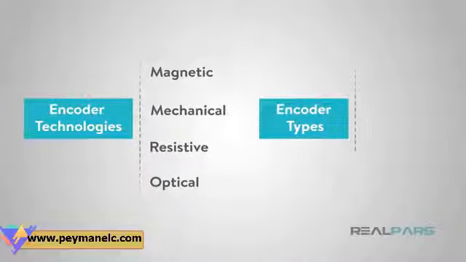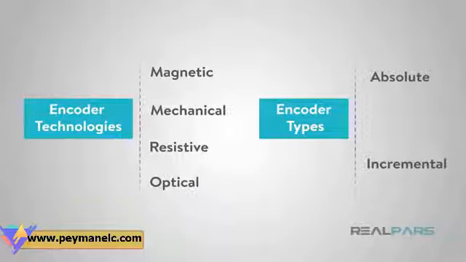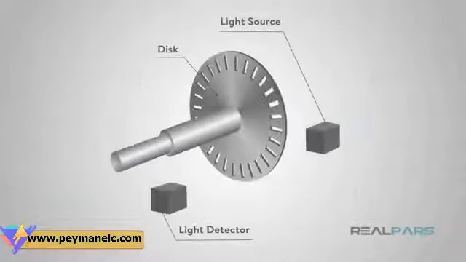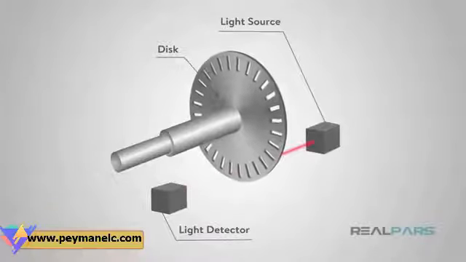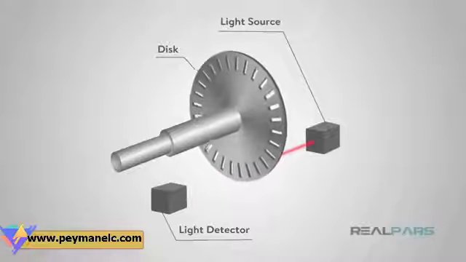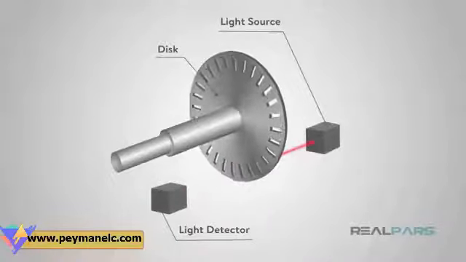There are different types of encoders, such as absolute and incremental. We will describe those in greater detail in a future lesson. But for now, an example of an incremental optical type encoder uses a beam of light that passes through a disc that has opaque lines in a specific pattern, somewhat like the spokes of a wheel.